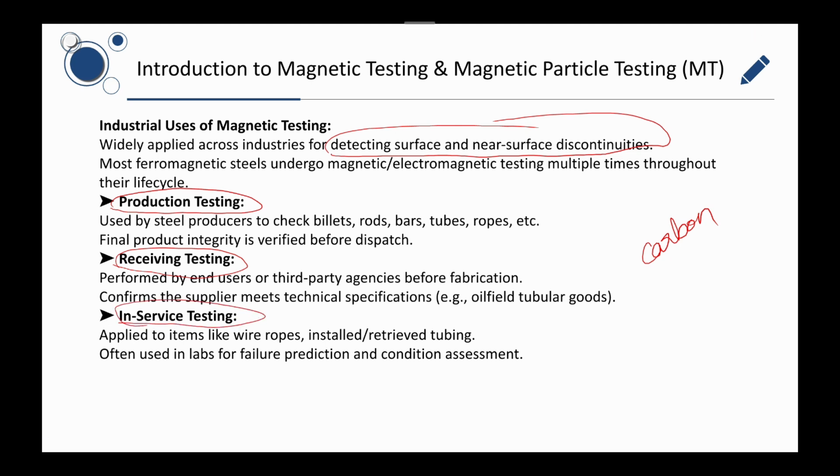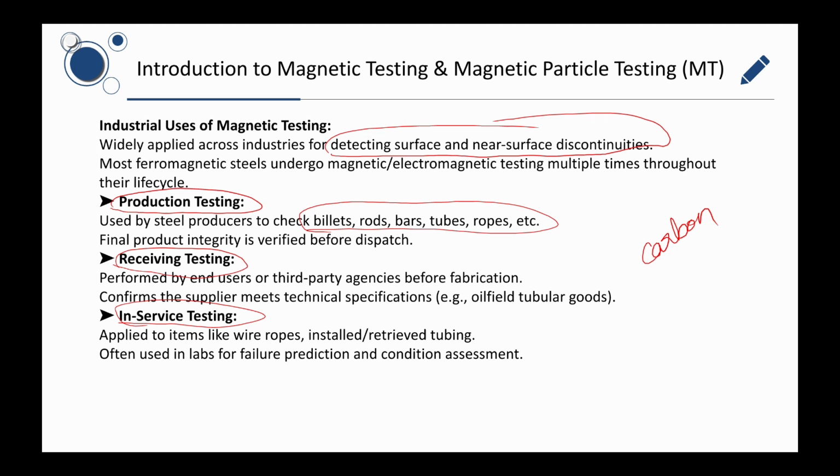In production testing, they check the quality of material before it leaves the manufacturing plant. It is done in steel mills and factories producing billets, rods, bars, tubes, wire ropes and similar products. Why is this so important?